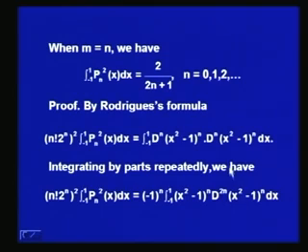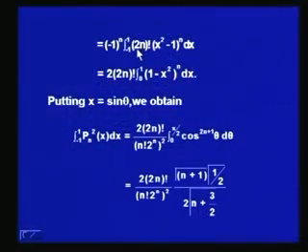We will have the 2nth derivative of (x square minus 1)^n here, and here there will be no derivative of (x square minus 1)^n. This is equal to minus 1 to the power n times the integral over minus 1 to 1, and then d2n of (x square minus 1)^n will give us 2n factorial, because (x square minus 1)^n is a polynomial in x of degree 2n. So, when we differentiate it 2n times, we get 2n factorial into (x square minus 1)^n dx.